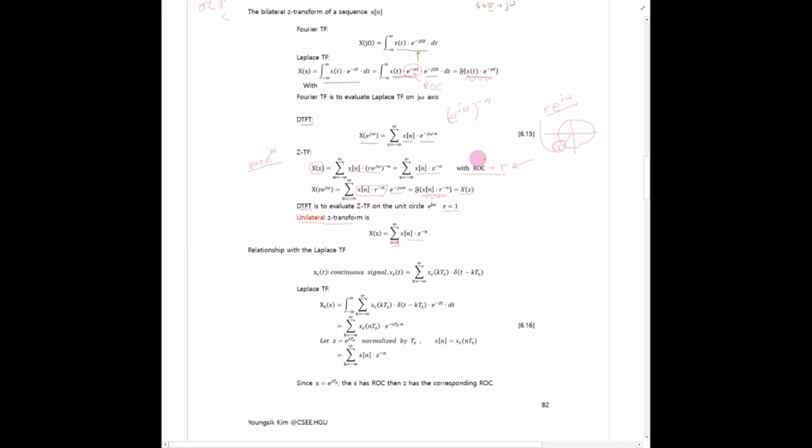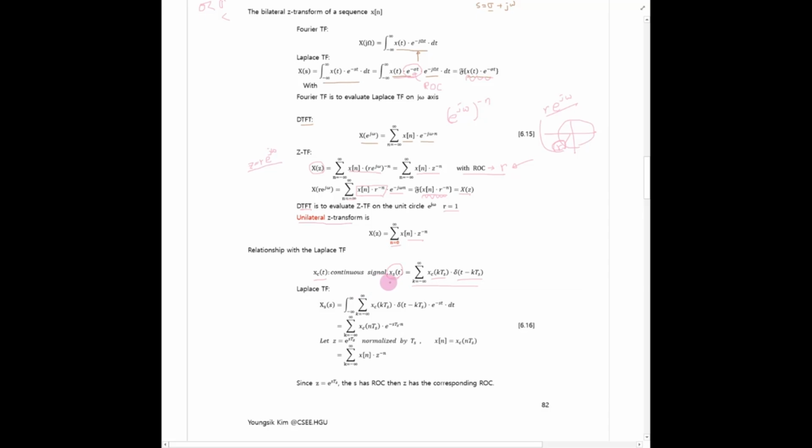What's the relationship between the G transform and the Laplace transform? The concept is quite similar. To make it converge, we introduce sigma, but in the G transform, we introduce R to make it converge. In the continuous domain, this one is a continuous signal. We take samples by applying the sampling signal. This is the sampled signal, which can be expressed by this delta impulse train.